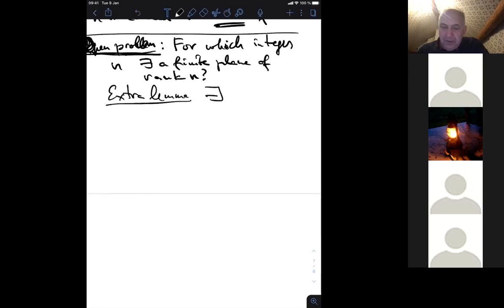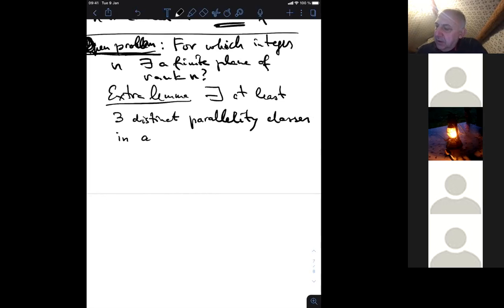There exist at least 3 distinct parallelity classes in any affine plane X.